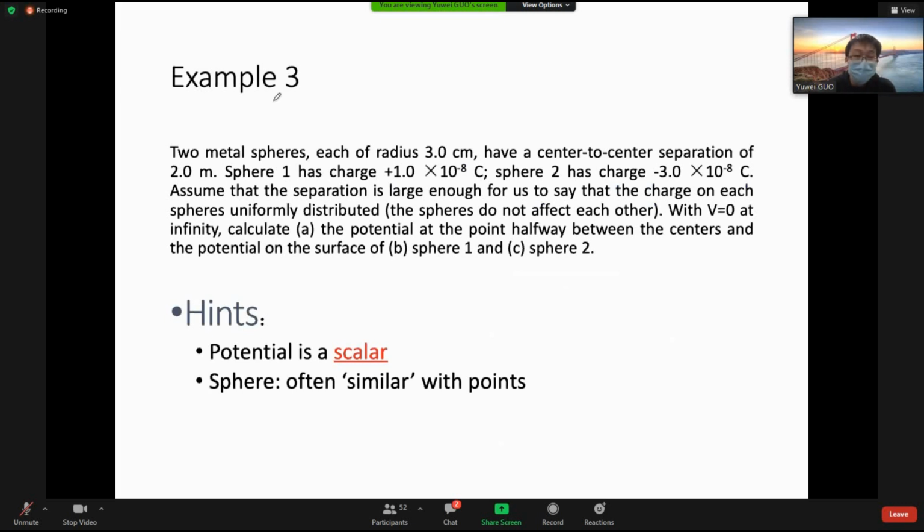So for example 3, it's also about the electric potential. You can read the question for about 1 minute. We have known that potential is a scalar, so we can calculate one by one, separately, and then just add them together to get the final expression.